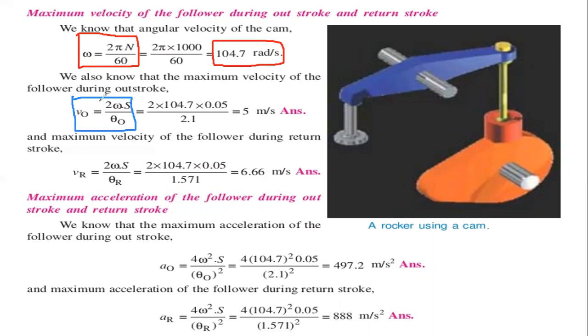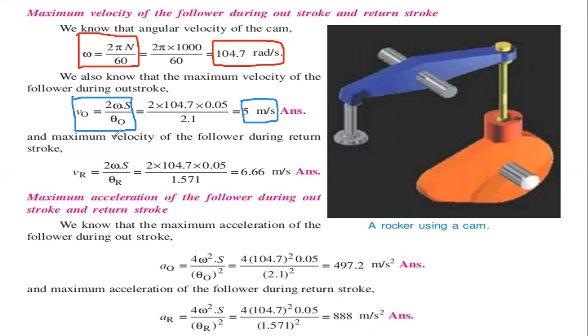So this is the formula. By substituting the values, we have the angular velocity as 104.7 radians per second, the stroke is 0.05 meters, since they have given 50 mm and we convert it into meters, and theta O, the outstroke angle, we have converted into radians, 2.1 radians. In total we got 5 meters per second.